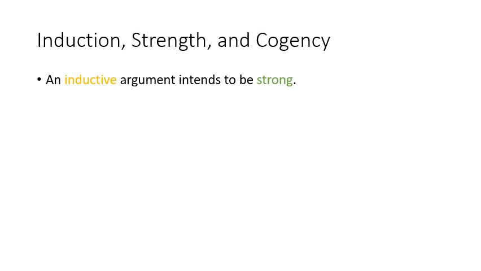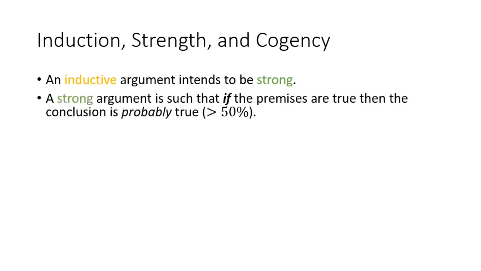So instead of valid, we say strong. And bear in mind that strong arguments are not valid. The reason is that a strong argument is about probability. A strong argument is such that if the premises are true, then the conclusion is probably true. So not a guarantee that it's true, just probably true.